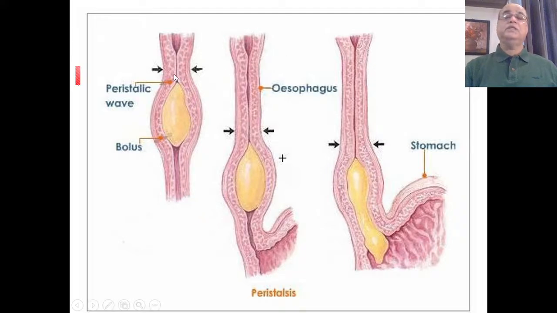Behind the food bolus, there is contraction of these muscles, and the circular muscle fibers which are distal to the food bolus relax so that food gradually passes and ultimately reaches the lower esophageal sphincter, which relaxes in reception of this food bolus so that it can pass on to the stomach.